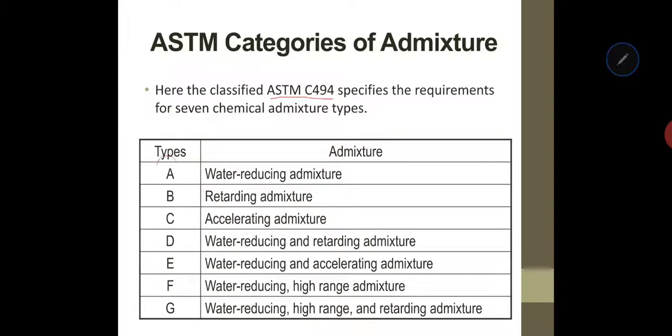Type A is water reducing admixture. Type B, retarding admixture. C is accelerating admixture. D is water reducing and retarding admixture. E, water reducing and accelerating admixture. F is water reducing high range admixture, and G is water reducing high range and retarding admixture.